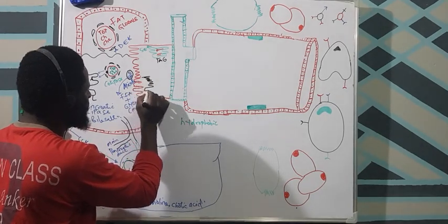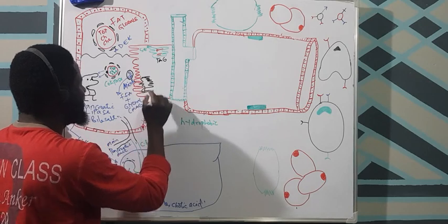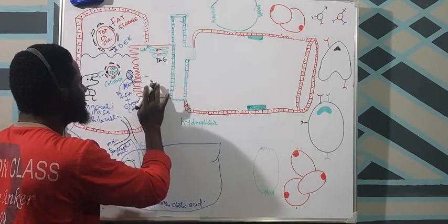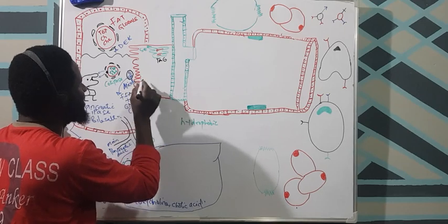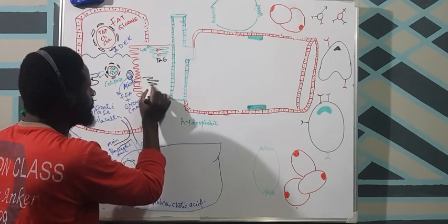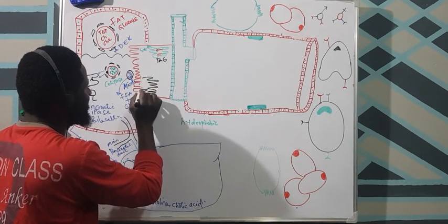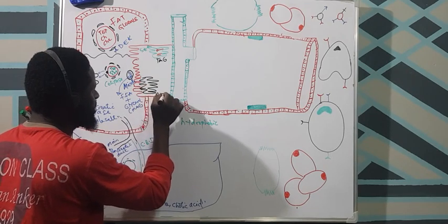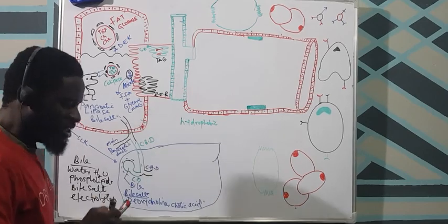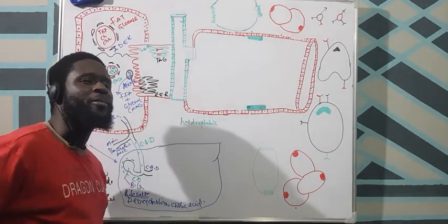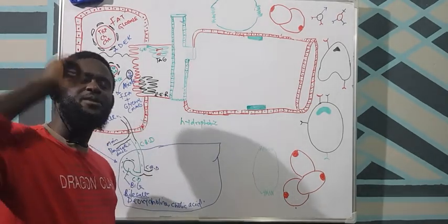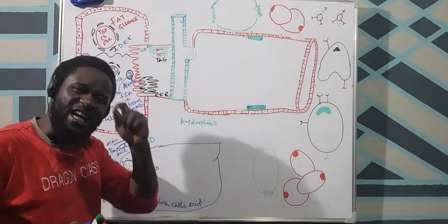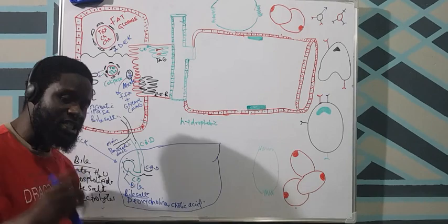Then there is another special organelle in the enterocyte called the rough endoplasmic reticulum. Let me get a better diagram so that it looks fancy and nice. The rough endoplasmic reticulum produces a special protein which will bind with the TAG to form a special molecule. What is that special protein?